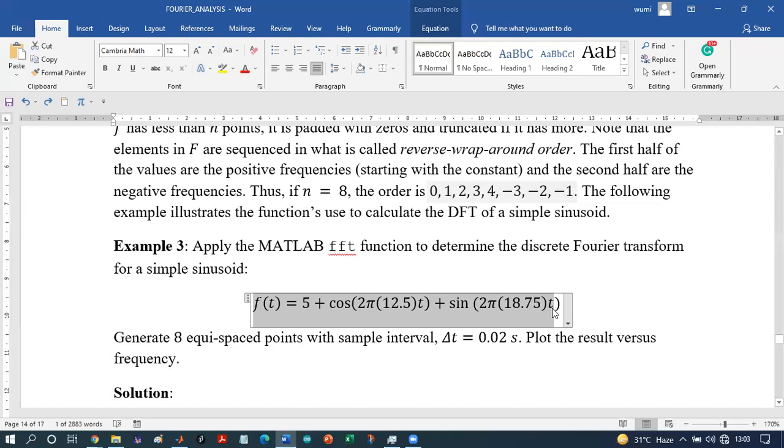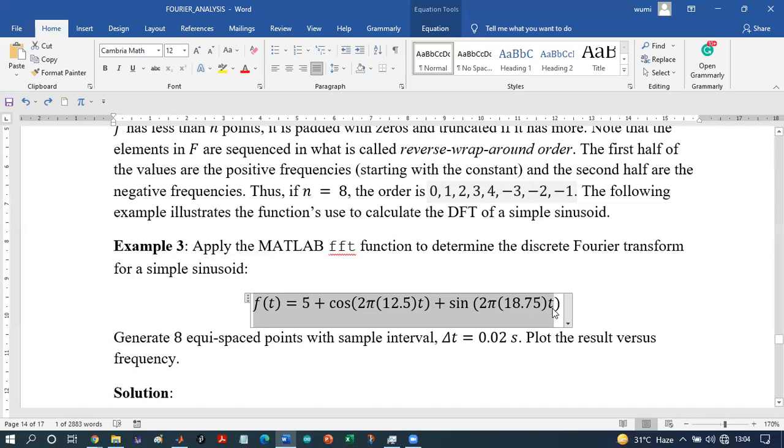Then F6 is 5 plus cos 2 pi 12.5 times 0.12 plus sine 2 pi 18.75 times 0.12. Then F7 is 5 plus cos 2 pi 12.5 times 0.14 plus sine 2 pi 18.75 times 0.14.